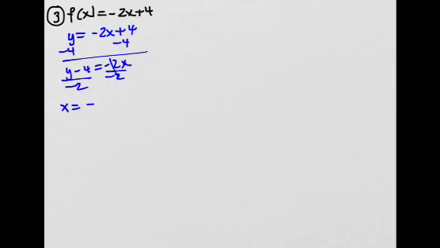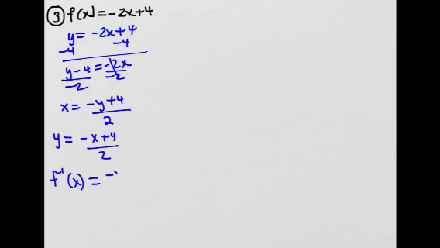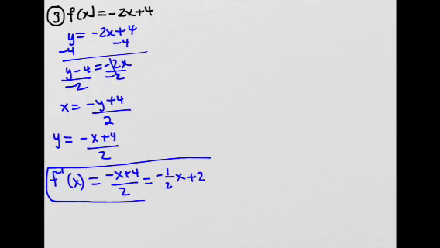So that becomes -y plus 4 over 2. Switch the x and the y, and then change the y to inverse notation. So f inverse of x equals -x plus 4 over 2. Or if you want to separate it, you could write it as -1/2 x plus 2. Either one is fine. Okay?